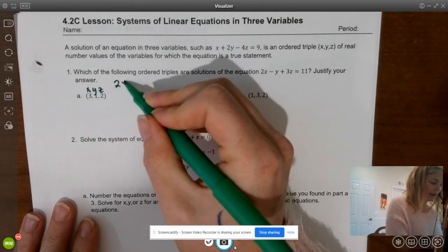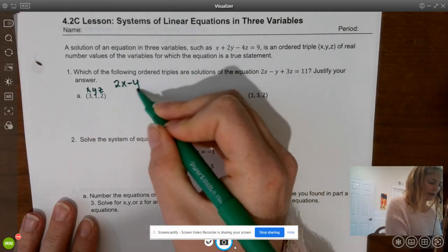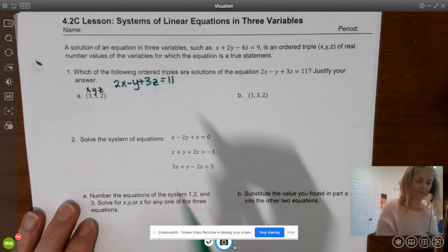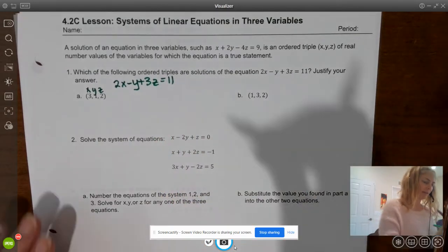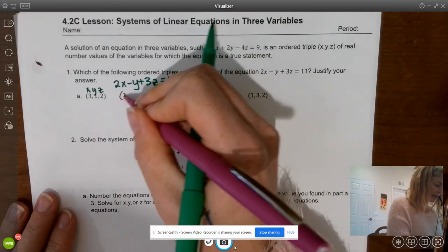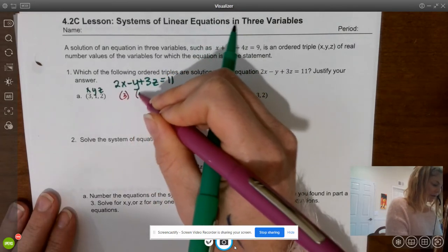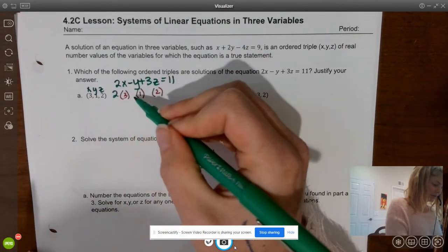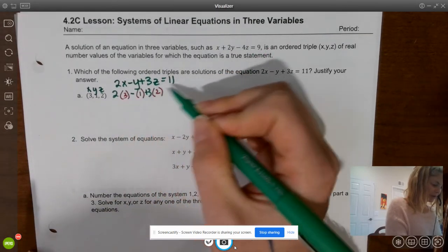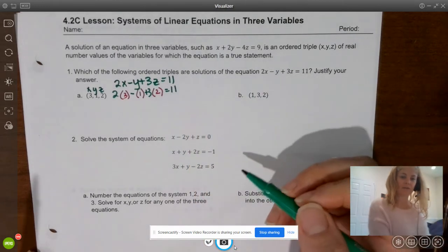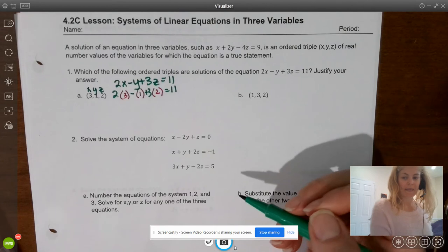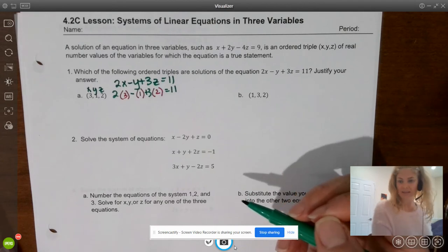So here, with 2x minus y plus 3z equals 11, I'm going to substitute in 3 for x, 1 for y, and 2 for z, and see if I get a true statement. If it's a true statement, then yes, that point is a solution. It lies on that shape that's graphed. It's not a line.